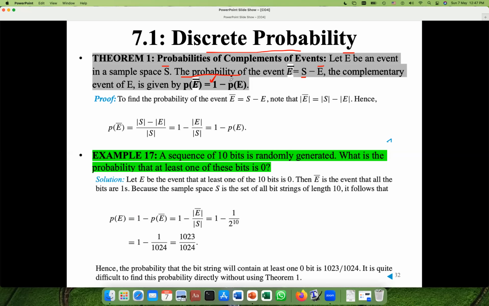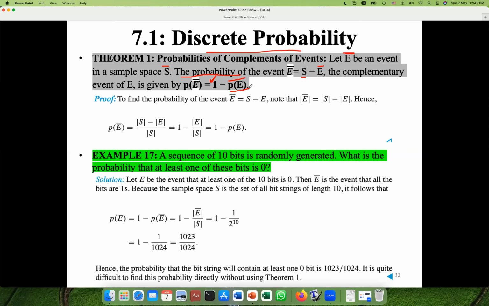And from that probability, if you subtract the probability of that event E, whatever probability remains would be the probability of the complement, not the probability of E, because you are subtracting the probability of E.